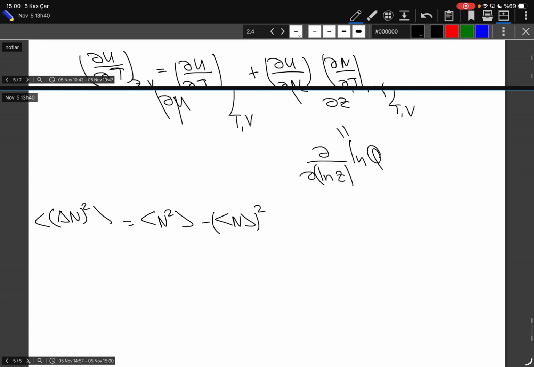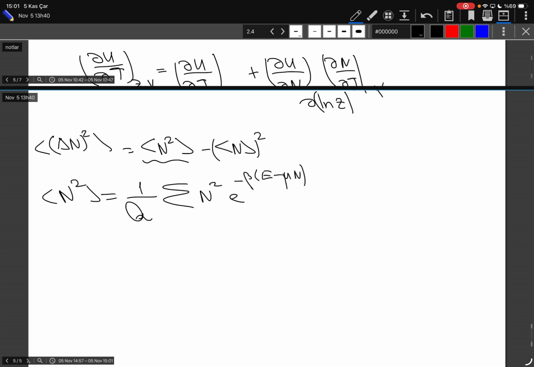Well, how can I calculate? Let me look at n squared. I can calculate the average of n squared, 1 over q, sum over all the microstates, all the number of particles of n squared, e to power minus beta e minus mu n.